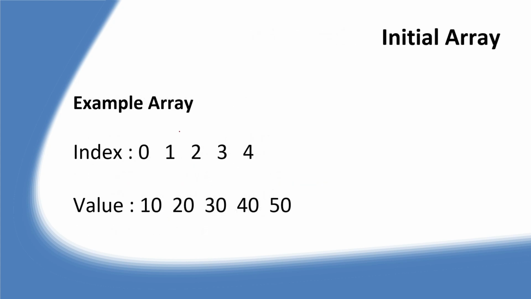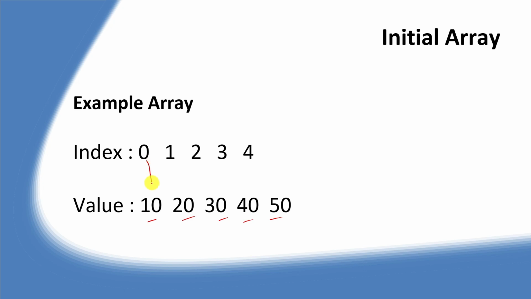So this is the initial array. Consider this array containing 5 elements: 10, 20, 30, 40, 50. We will use this example to understand how insertion, updation, and deletion work.